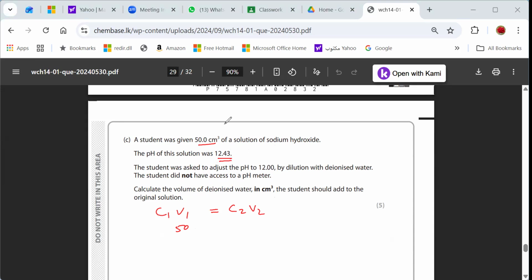So the hydrogen ion concentration is equal to 10 to the power minus 12.43. So can someone please do this calculation for me?